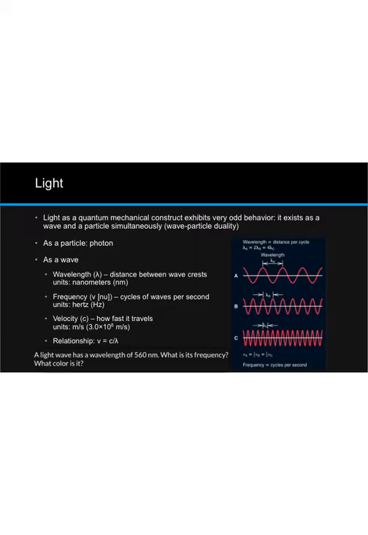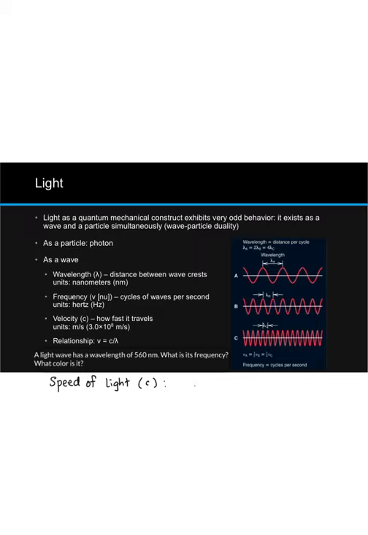The relationship between frequency, speed, and wavelength for light is therefore a constant value. So our speed of light gets a special symbol. Because it's constant, we'll give it the symbol c.